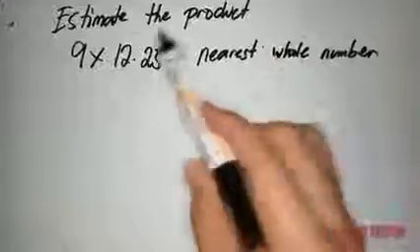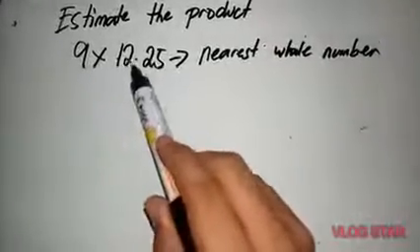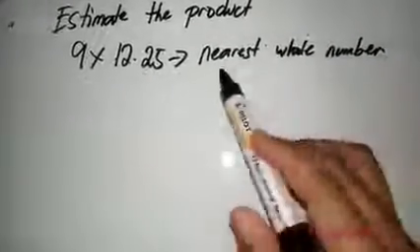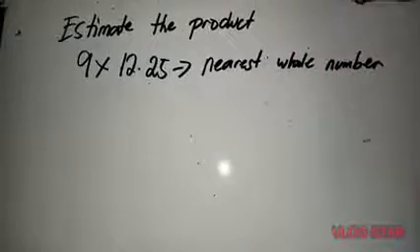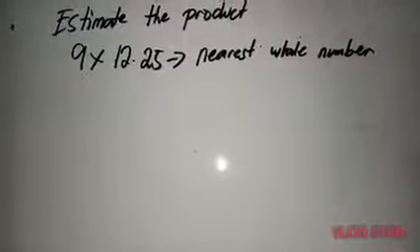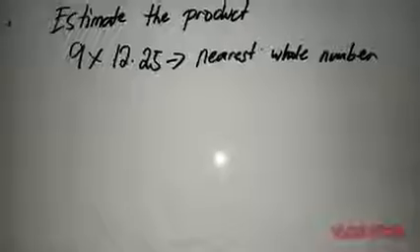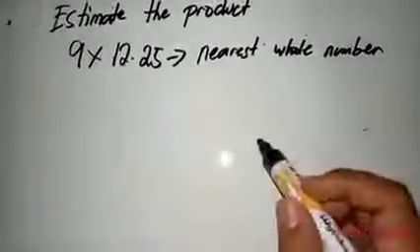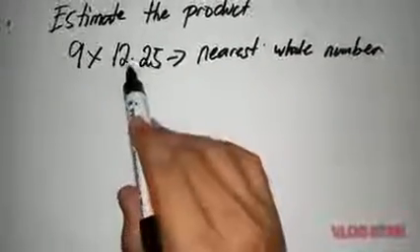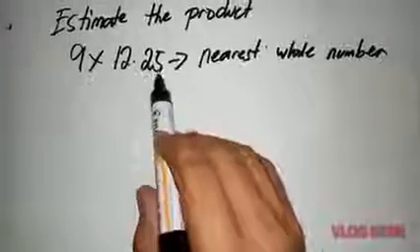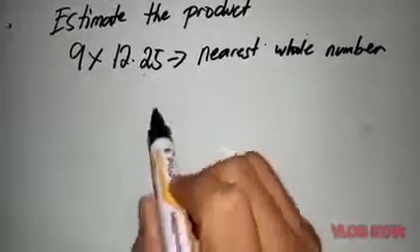Estimate the product of 9 times 12.25 to the nearest whole number. So we need to round the decimal to the nearest whole number. Since this is 12.25, if we're going to round this, the answer would be 12.